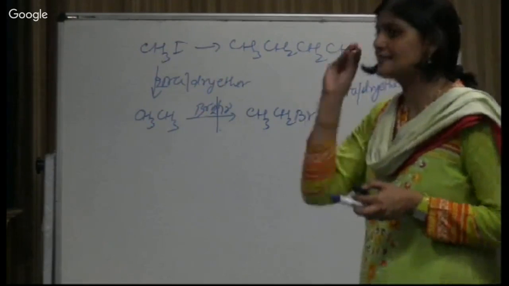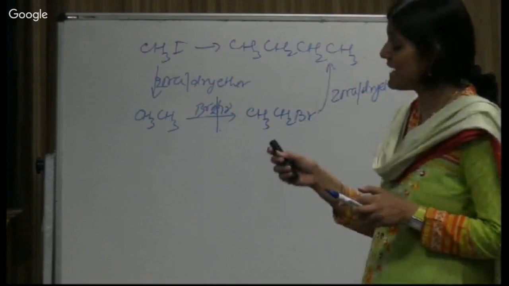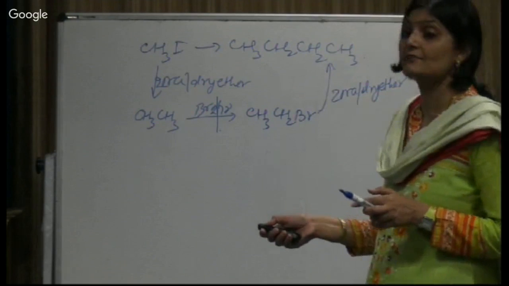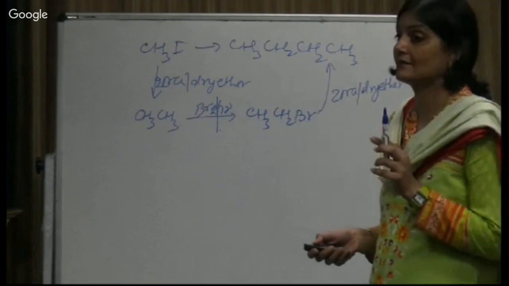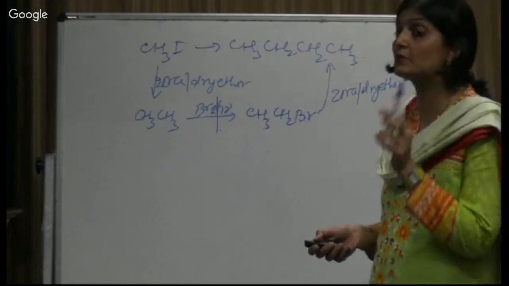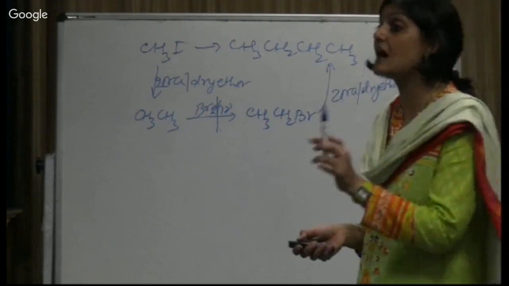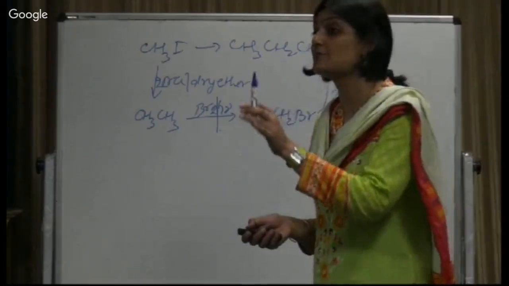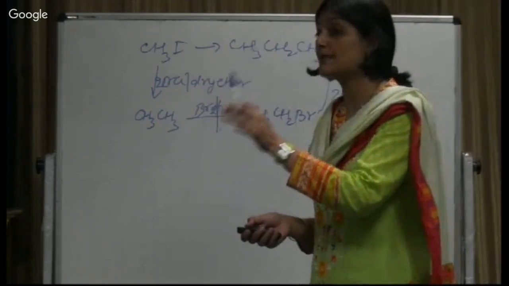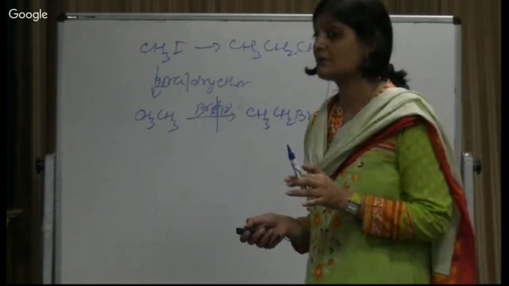The second part is a little tricky. Is there any other acid which can give you the same product? Besides normal butanoic acid, is there any other carboxylic acid which can give you n-propane on decarboxylation? Think about it.